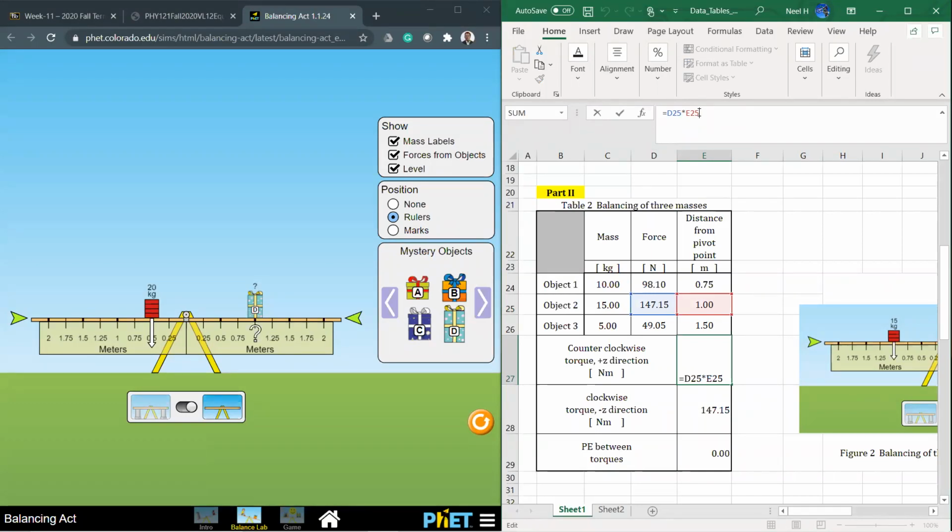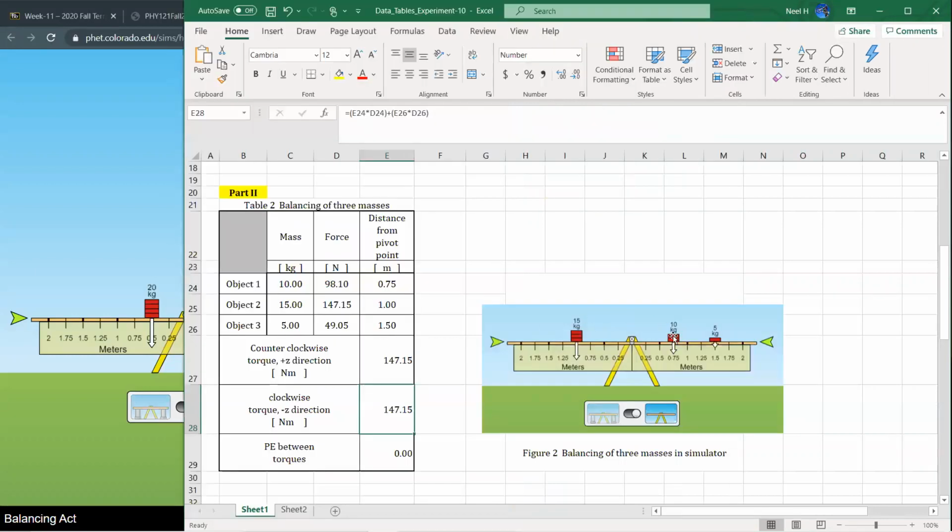And the second one should be the one with the parentheses. The second one should add both of them together, because in that particular case there were 2 objects on the other side. Let me expand this one right here. You see there are 2 objects on the clockwise side, right? So I have to do both of them: 10 times 0.75, 5 times 1.5. So it will be D24 times E24 plus D26 times E26. Makes perfect sense. All right, thank you so much.